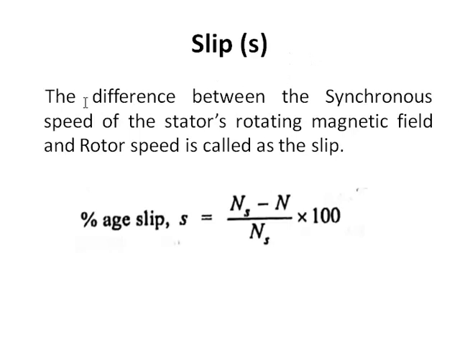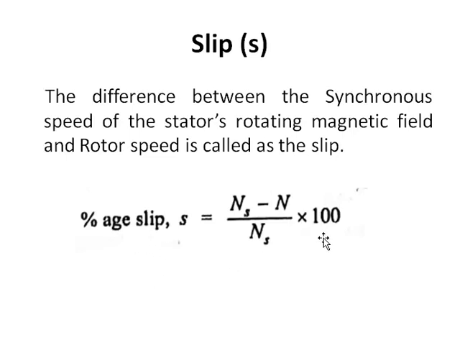What is a slip? The difference between the synchronous speed of the stator's rotating magnetic field and the rotor speed is called slip. Very simple: ns minus n. ns is the synchronous speed, and n is the rotor speed, and we can represent it either as a percentage or as a fraction.